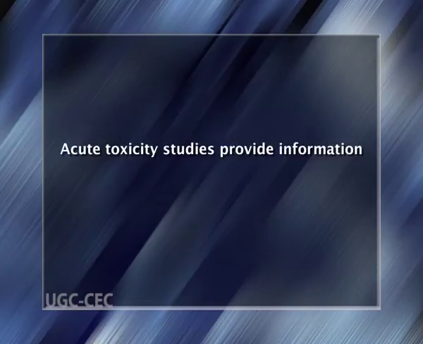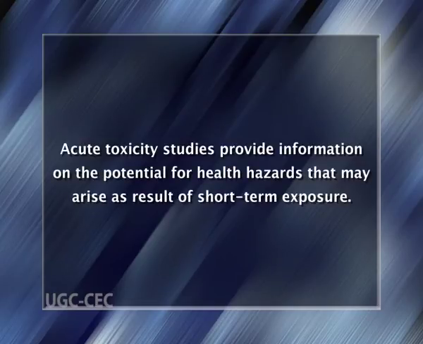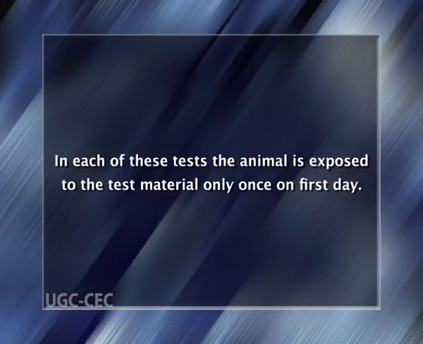Acute toxicity studies provide information on the potential for health hazards that may arise as a result of short-term exposure. Determination of acute oral, dermal and inhalation toxicity is usually the initial step in evaluating the toxic characteristics of a pesticide. In each of these tests, the animal is exposed to the test material only once on the first day.